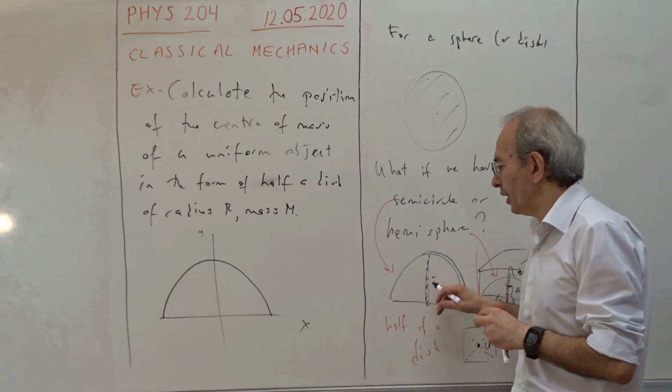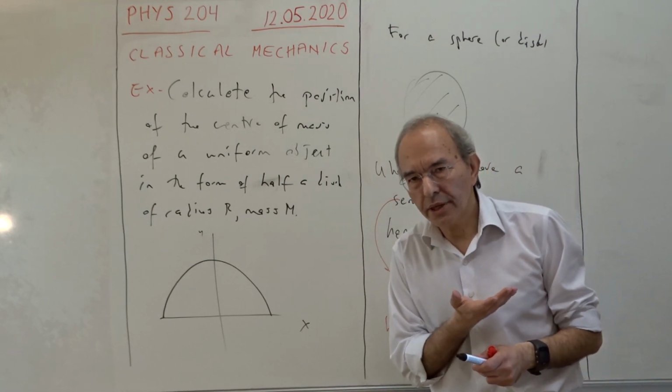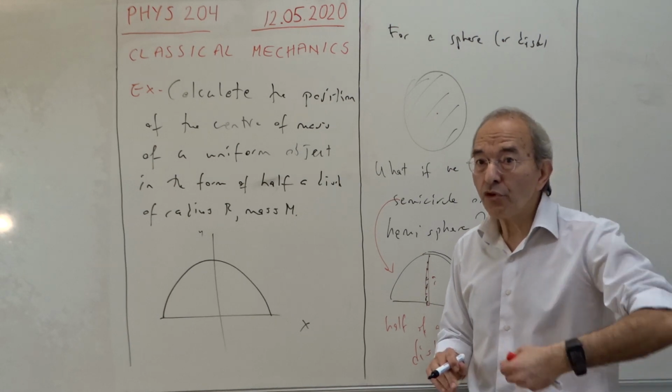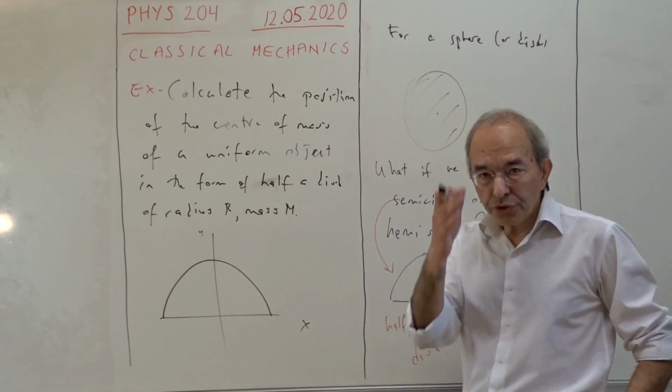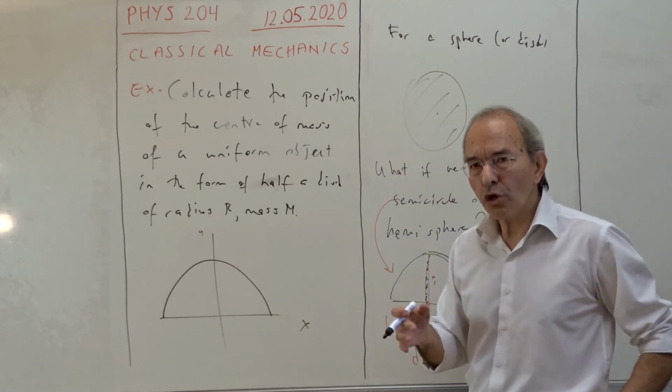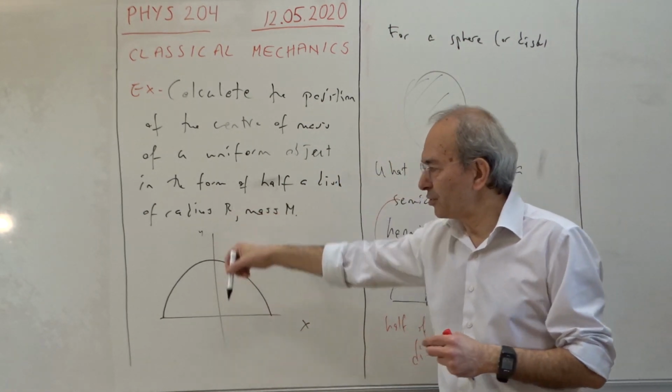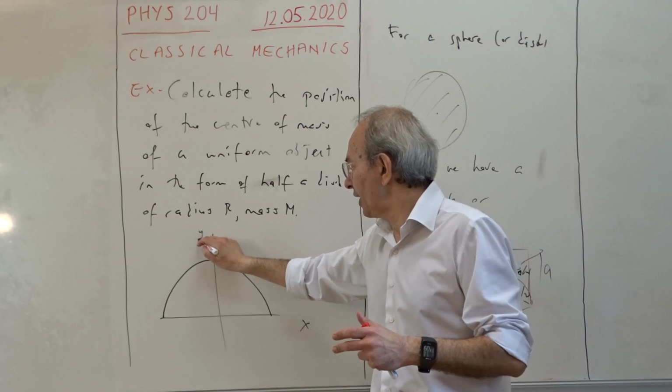So this object, we take a disc, cut it into two, and we take one half and try to find the center of mass along this vertical radius. It is obvious from symmetry that it will never be anywhere outside this y-axis. So this is the y-axis, x-axis.